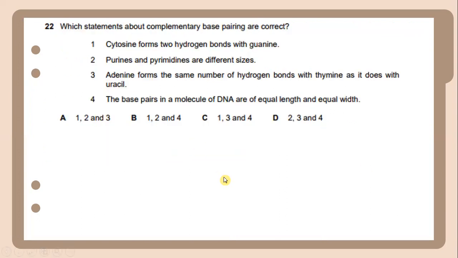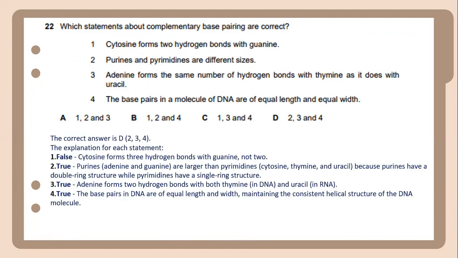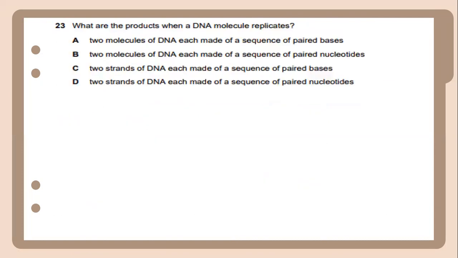Which statement about complementary base pairings is correct? The correct ones will be 2: purine and pyrimidines are different sizes. 3: adenine forms the same number of hydrogen bonds with thymine as it does with uracil. And number 4: the base pairs in a molecule of DNA are equal length and equal width. 2, 3, and 4.